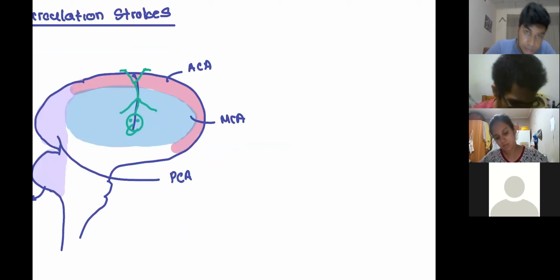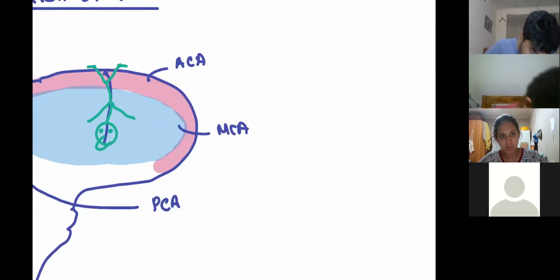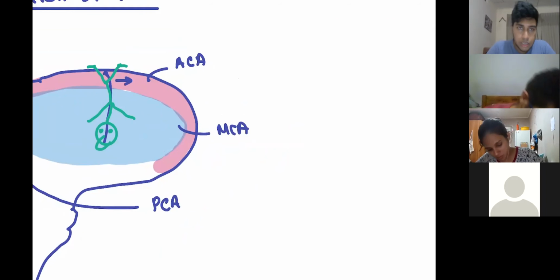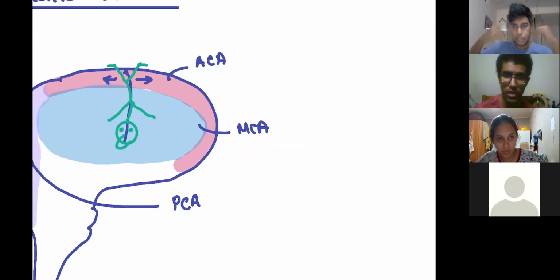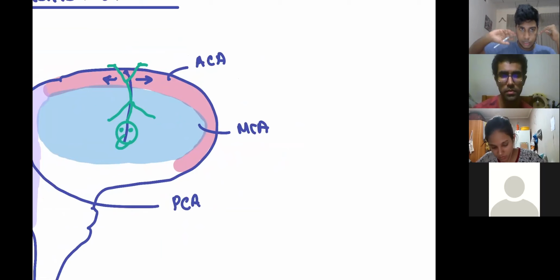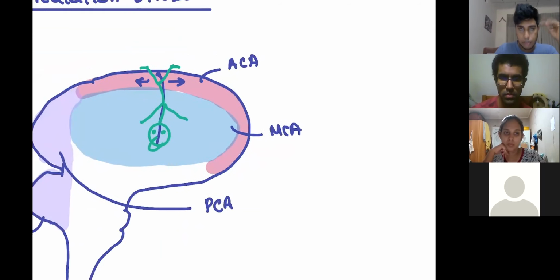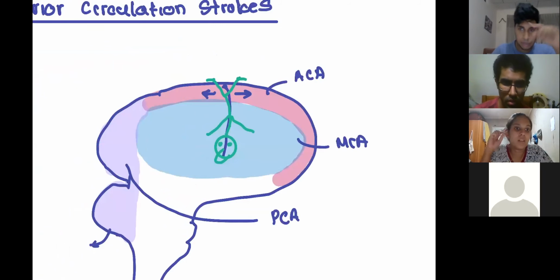Now think and tell me. Look at this image and tell me. Is the front part related to motor, or is the back part related to motor? From the central sulcus, precentral sulcus, is the front part of that related to motor, or is it the back part? Front part. Okay, remember that.